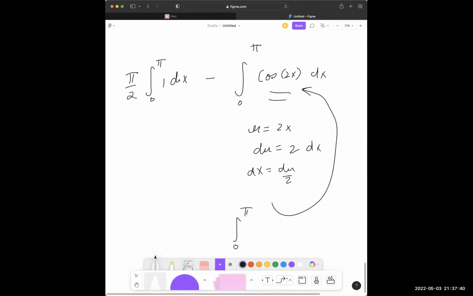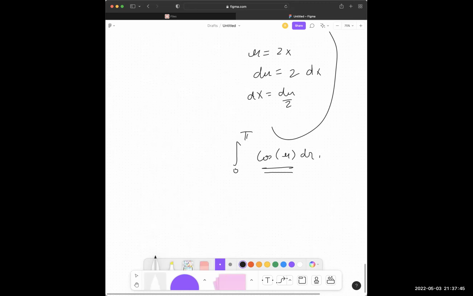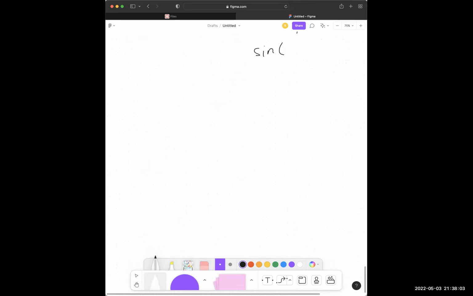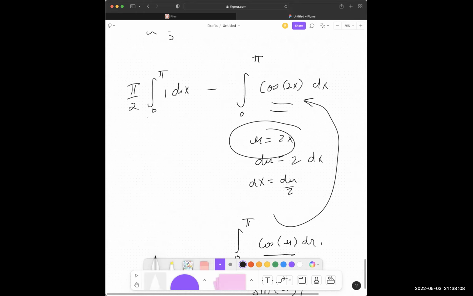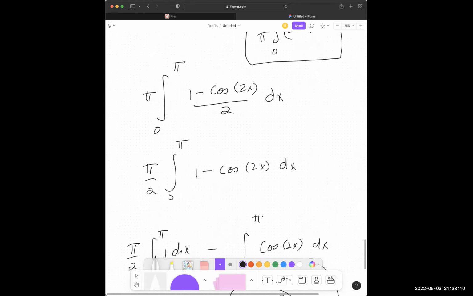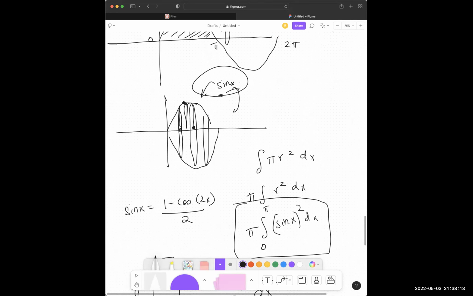You'd have the integral of cosine of u du, and the integral of cosine is just sine, so you have sine of u, which in this case is sine of 2x. Then you'd solve this part and that part, and combine them together to get your solution. Nonetheless, there are applications of disks that aren't as simple as I've demonstrated.